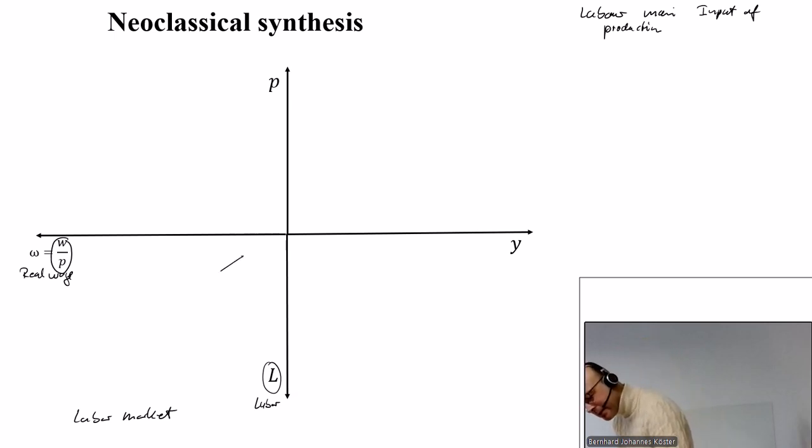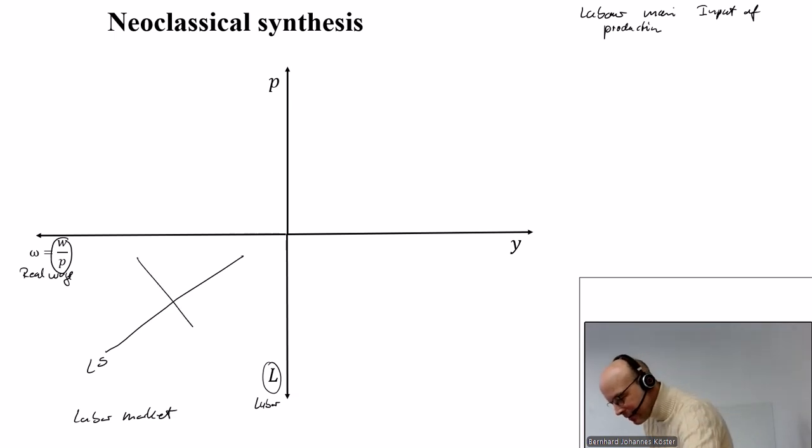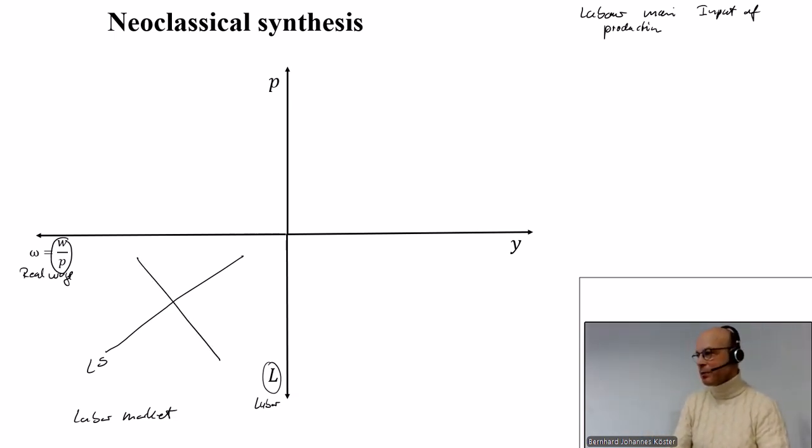So labor supply will look like this in this quadrant, because going downward to the left means that if the wage rate is increasing, the labor input is increasing. Okay, so this is labor supply. And the other way around, going to the left and decreasing labor would be labor demand. So this falling curve would be labor demand. Okay?